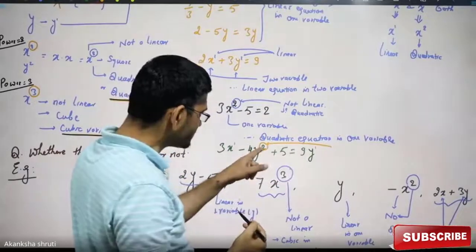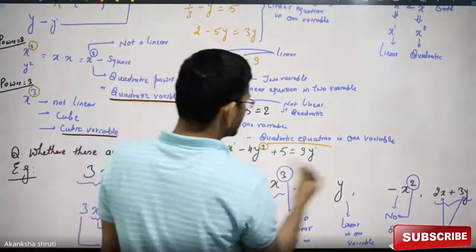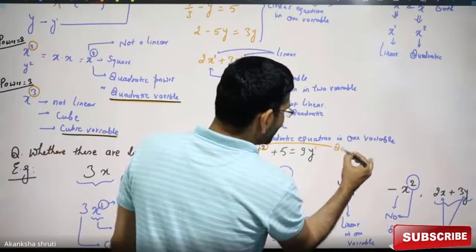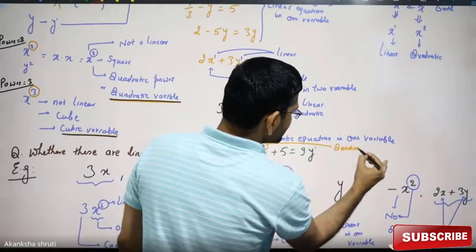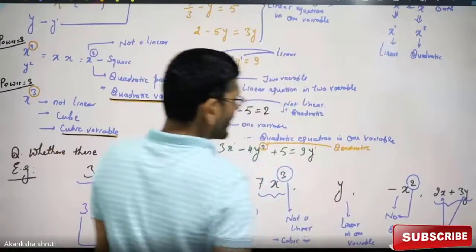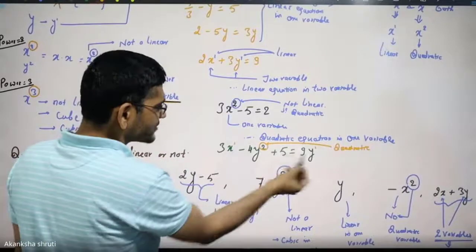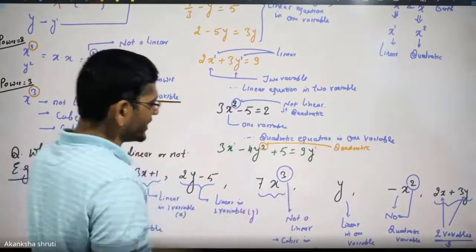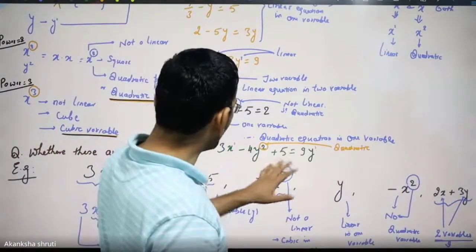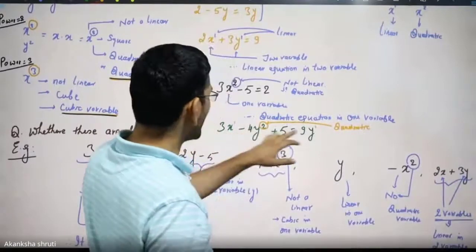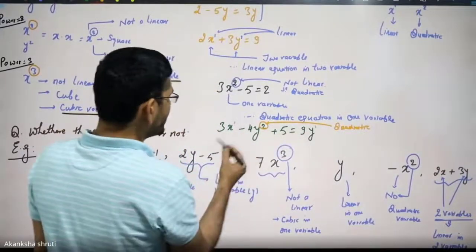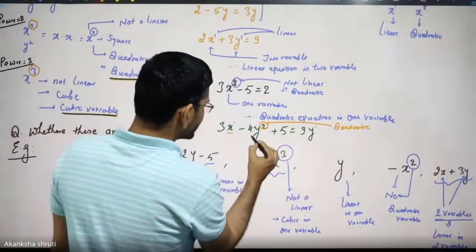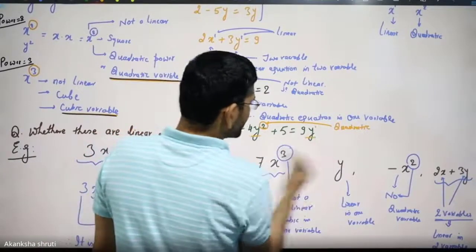So because of this square, it is quadratic, not linear. Though x or other linear variables are also there, for naming the equation, it turns into a quadratic equation. How many variables are there? x, y square, or simply y.